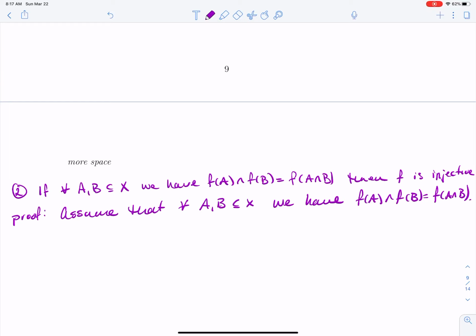Well, how does an injectivity proof go? So you remember that injective means that for every y contained in the image of f, there exists a unique x contained in the domain such that f of x equals y, right?